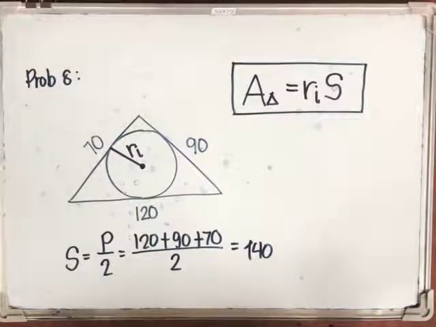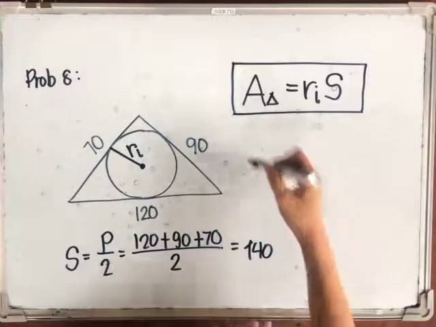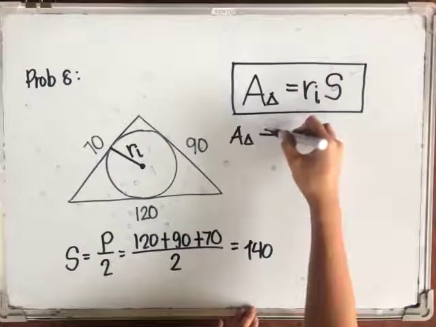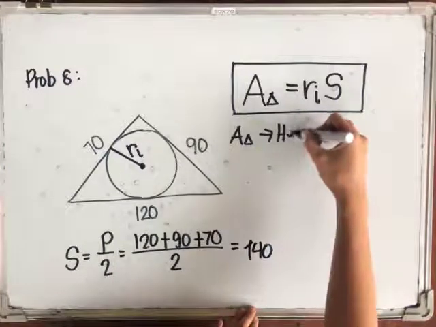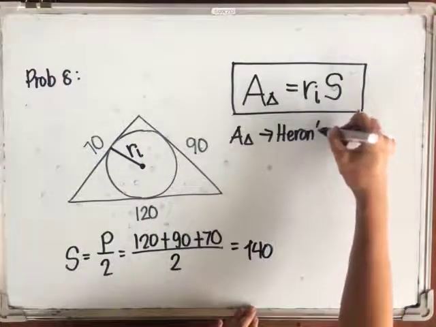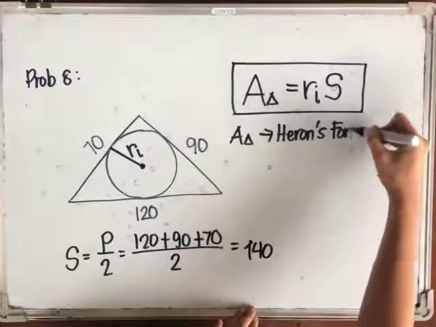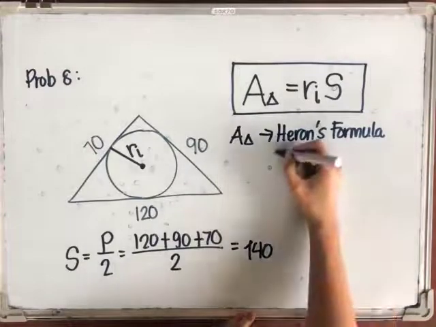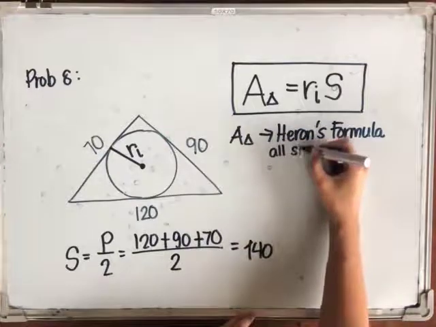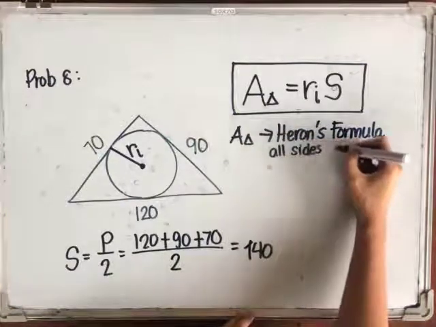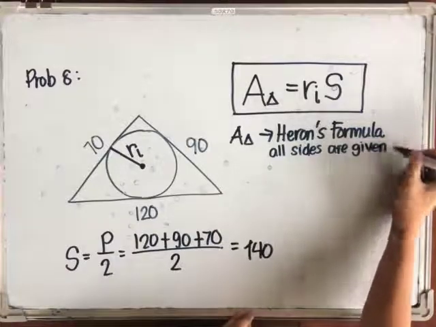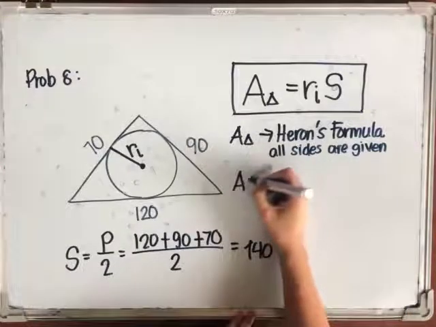Okay? So, ayan na. Then, how are we going to get the area of the triangle? So, meron tayong iba't ibang way of getting it. You can use Heron's formula if you'd like. Okay? Kung familiar pa kayo dito. So, si Heron's formula kasi, ginagamit to if all sides of the triangle are given. So, Heron's formula natin goes this way.